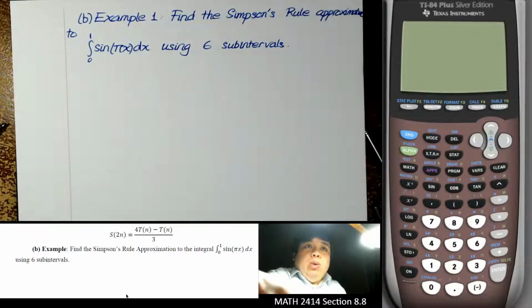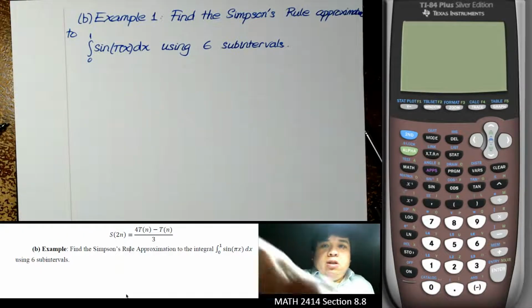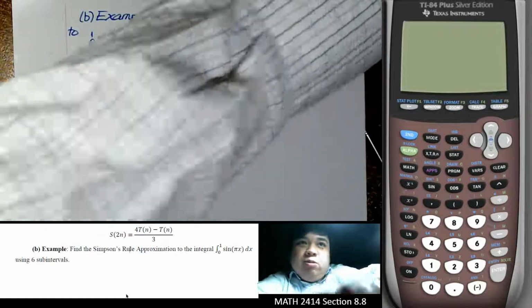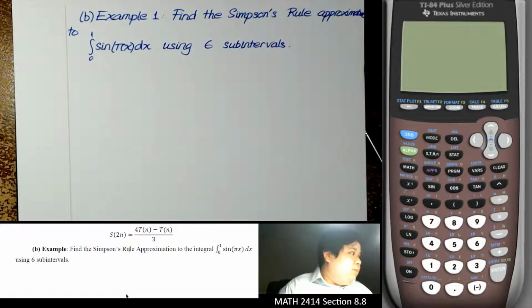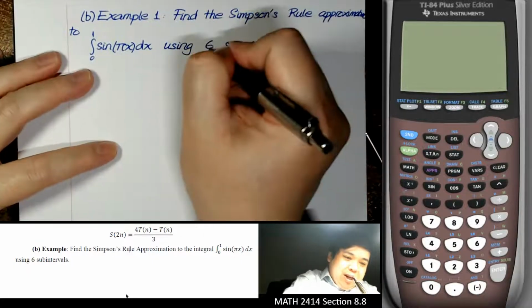Remember, whatever we use has to be an even number of intervals. So that's even, which is good.